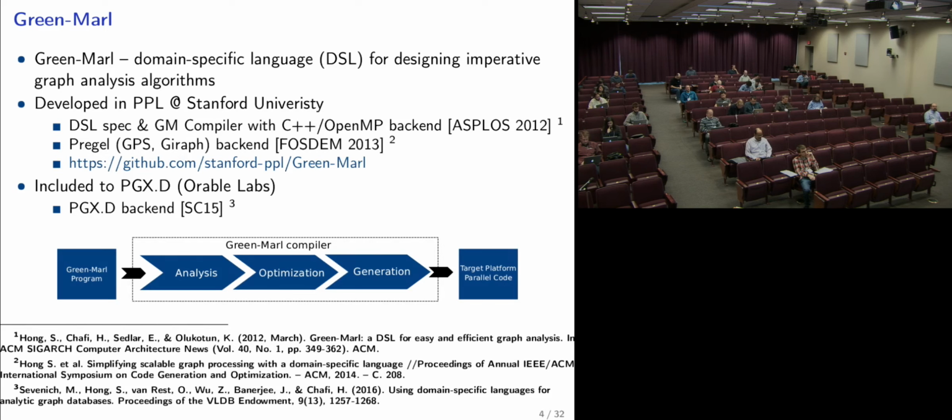Green-Marl is open source, but the open source version hosted on GitHub is no longer supported, and Green-Marl is now a part of another research and development project called PGX.D, which is currently developed in Oracle Labs.